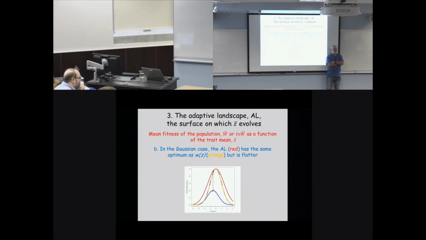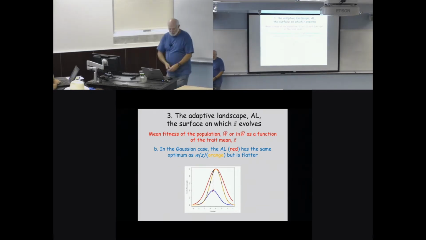When we've got W of z, we are talking about relative fitness every time. So the fitness function. Yes, we are talking about relative fitness every time. Because in modeling papers most of the time, I don't find a clarification that we are talking about relative fitness. Yeah, relative fitness.